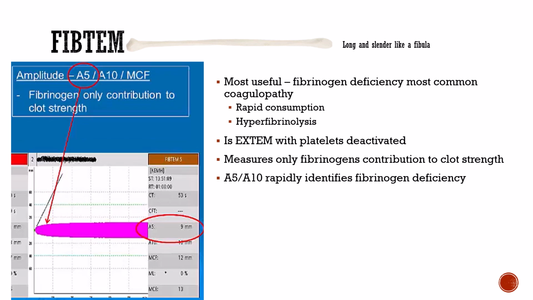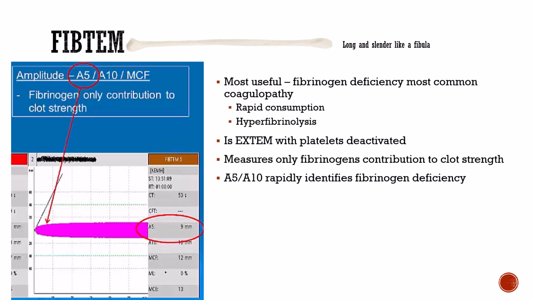In your FibTem, it's the same as your EXTEM, but you've deactivated the platelets. So you're only seeing now the effect of the fibrinogen isolated. That's why it's called a FibTem. It's a fibrinogen test. A way that you can potentially remember it is the fibula is long and slender, and the picture that you get in the FibTem is the long, slender one.